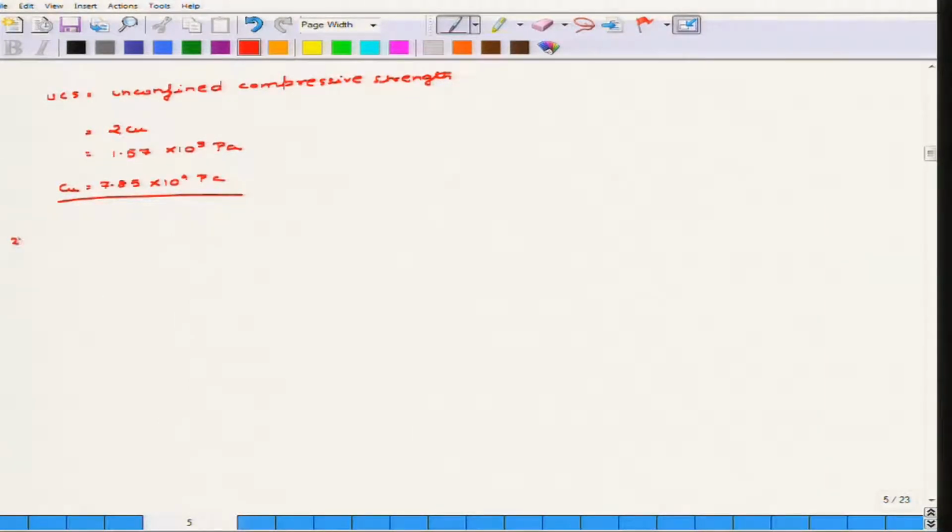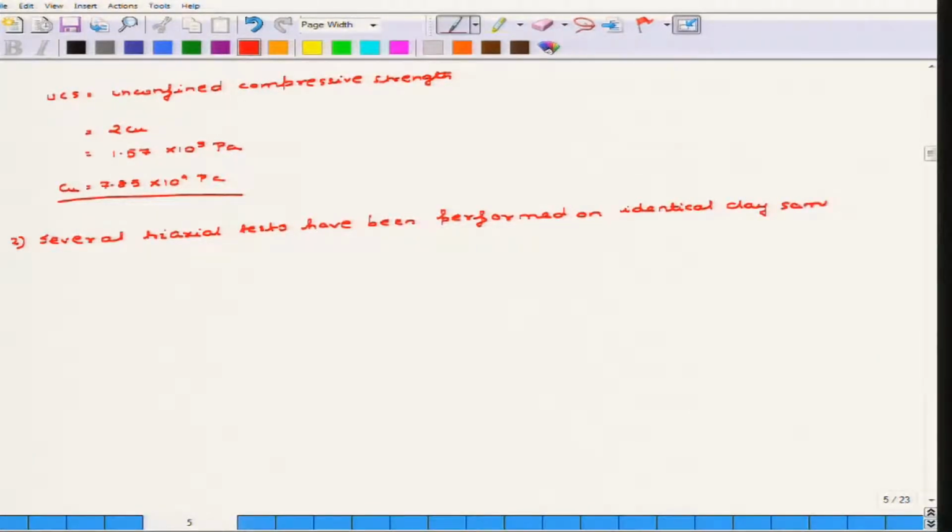So the second problem says that several triaxial tests have been performed on identical clay samples.